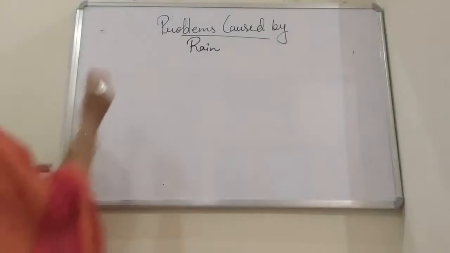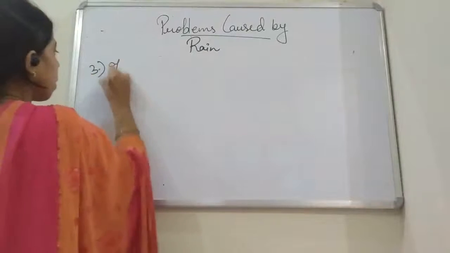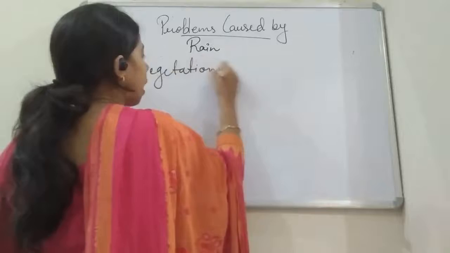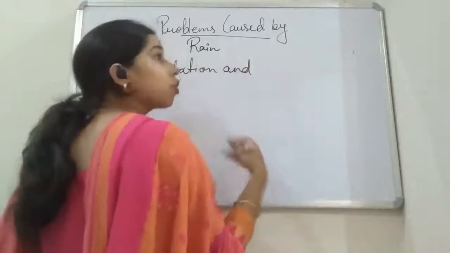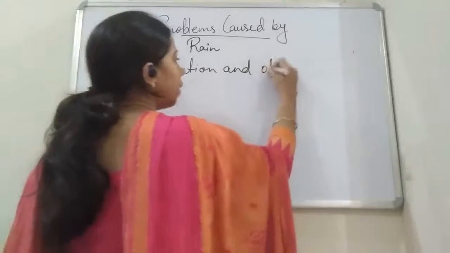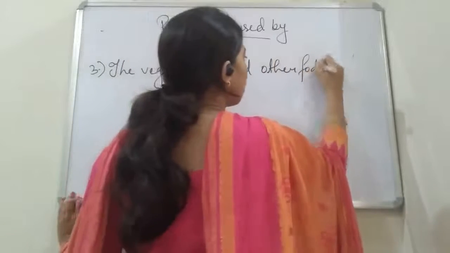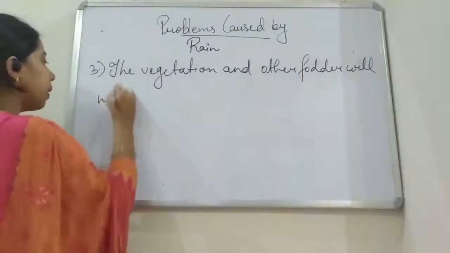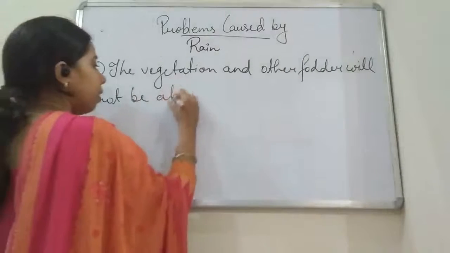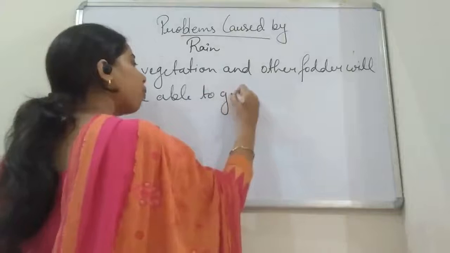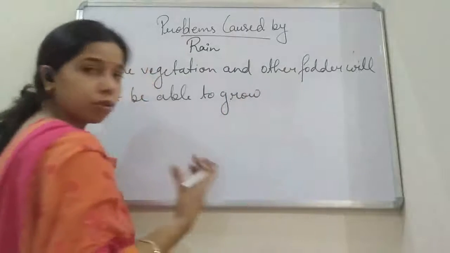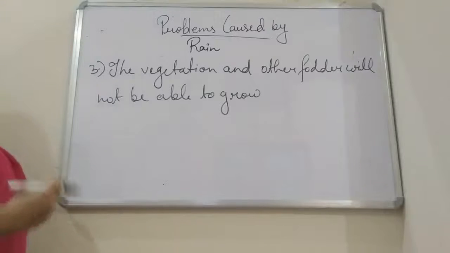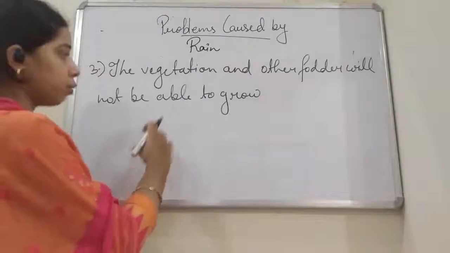So the vegetation and other fodder will not be able to grow. Why is this so? Because the soil does not have moisture in it, so the fodder and other vegetation will not be able to grow.